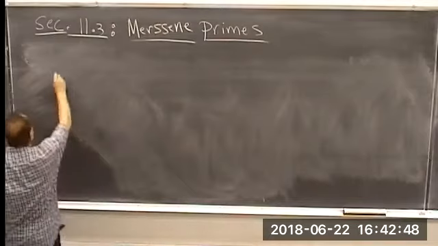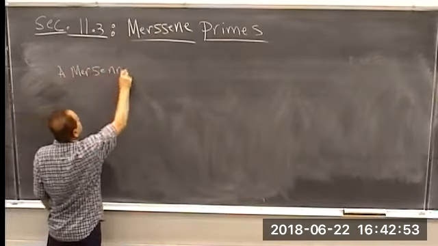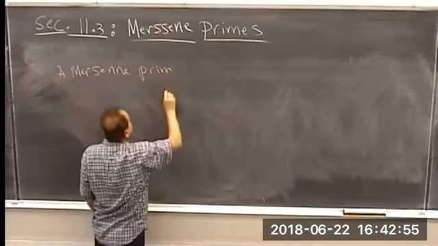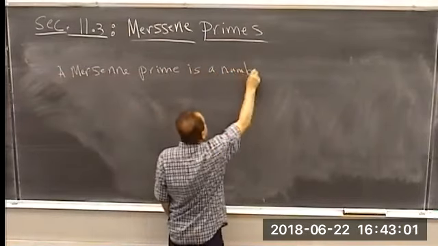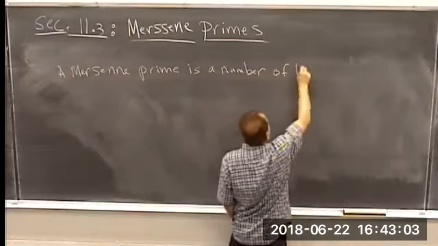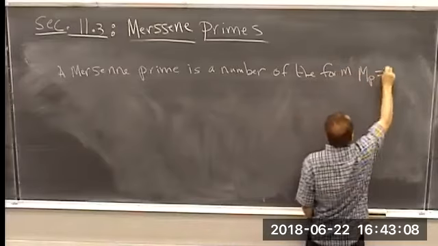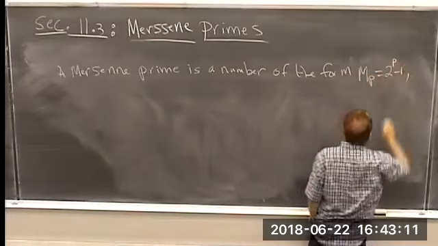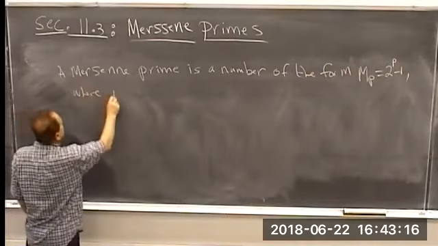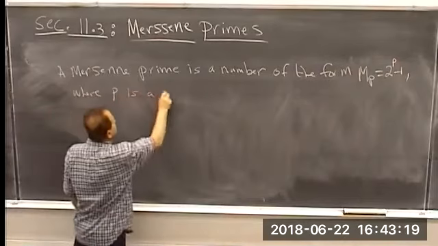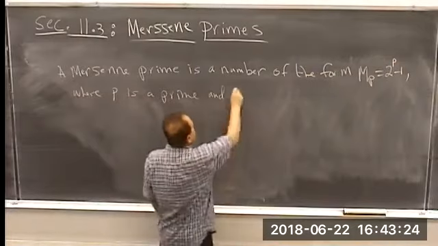So a Mersenne prime is a number of this form, M sub p equals 2^p minus 1, where p is a prime, and M sub p is a prime.